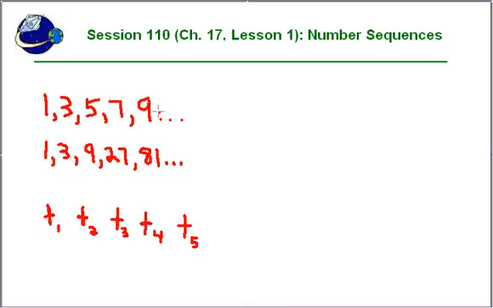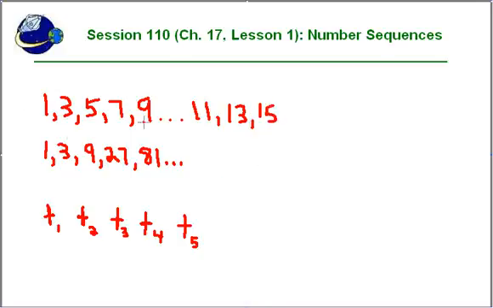So the question here is for our first number sequence, what would the next 3 numbers in our sequence be after 9? Well, we're going to take our 9 and add a 2. That would be 11. 11 plus 2 is 13, and 13 plus 2 is 15.